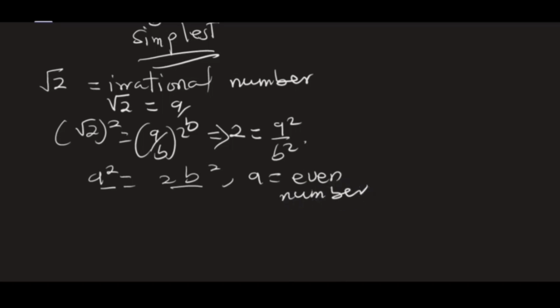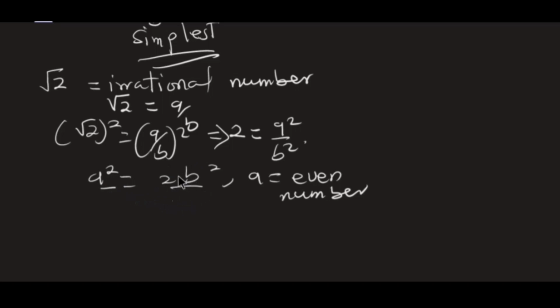Assuming that b is 1, you get a to be what? 2, right? So let's see. You have a squared is equal to 2b squared. If we just want to show that a is going to be an even number, let's take the squares and see.